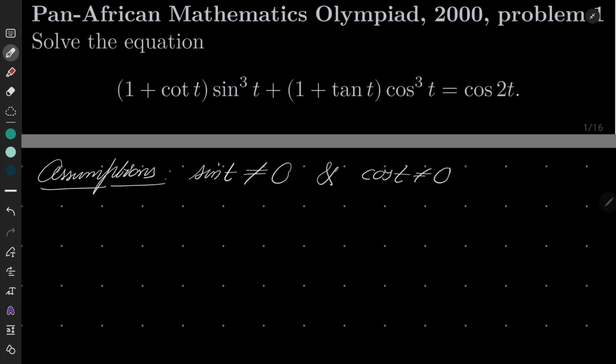By looking at the graph of sine and cosine, it's easy to see that this is equivalent to saying that t cannot be equal to kπ/2 for any integer k. These numbers are not allowed.